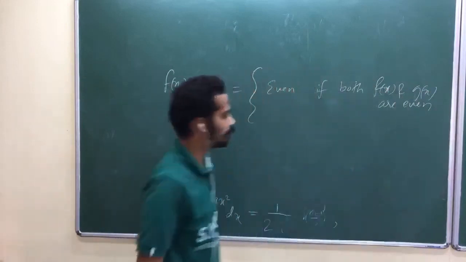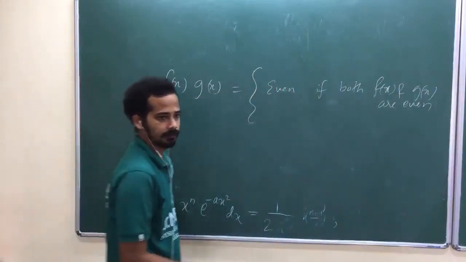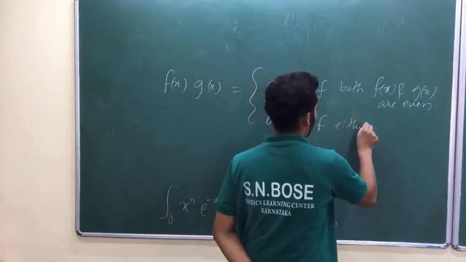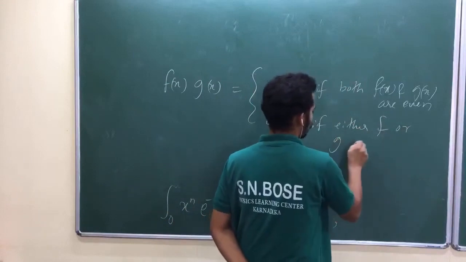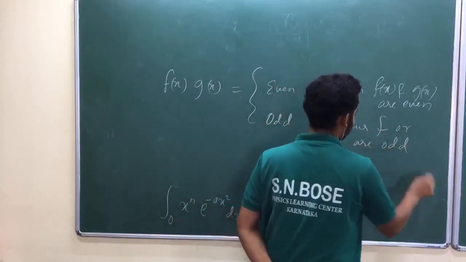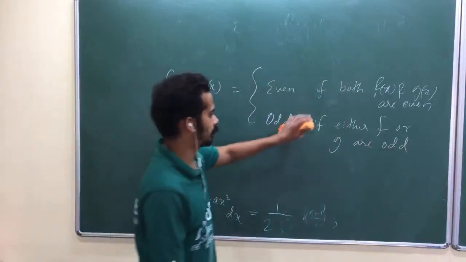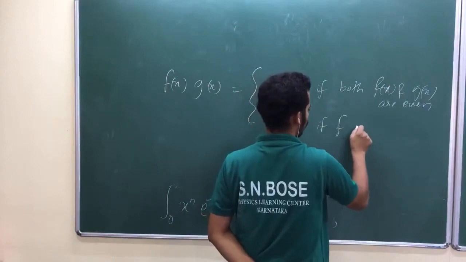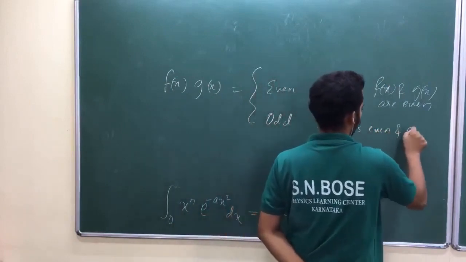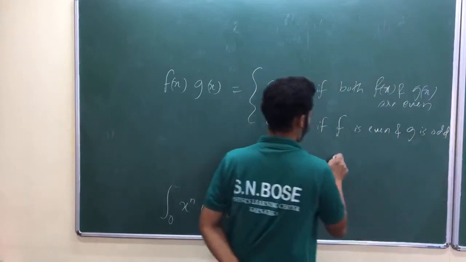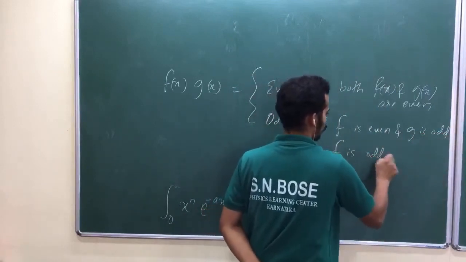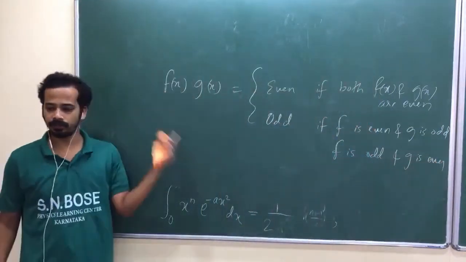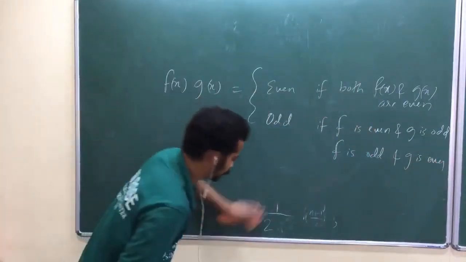If both are even, the product is even. It is odd if either f or g is odd. If f is even and g is odd, or f is odd and g is even, multiplying an even function by an odd function gives an odd function.